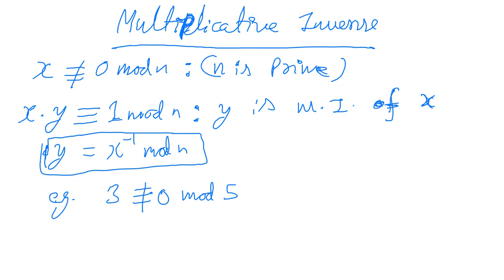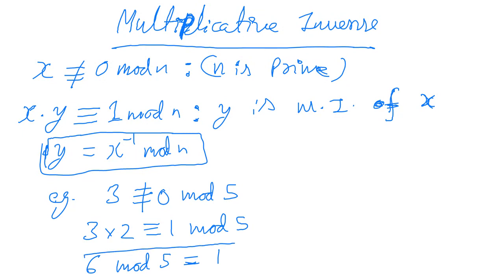Let's see what that number could be. 3 into 2 is congruent to 1 mod 5. 6 mod 5 is equal to 1. 6 divided by 5 will give remainder 1. So this is correct.